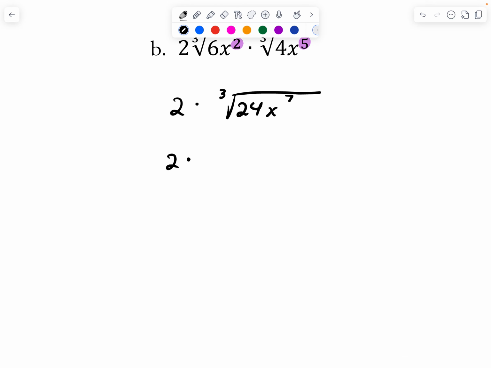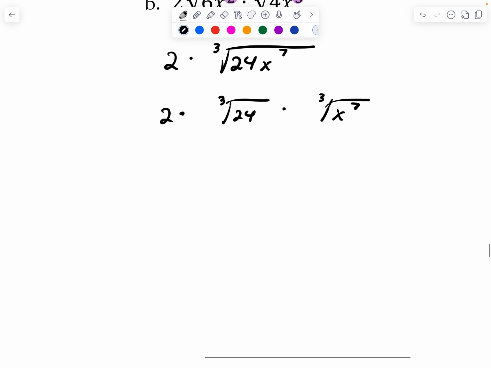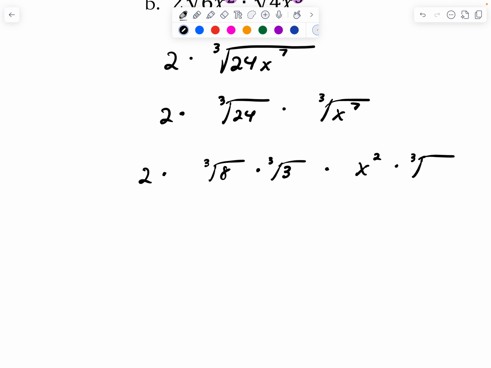Okay, so doing that same process of splitting this up into the numbers and the variables, okay? In terms of factors of 24, I'm going to do 8 and 3 because I know the cube root of 8. And this one, if I ask myself how many times does 3 go into 7, it goes in twice with 1 left over.